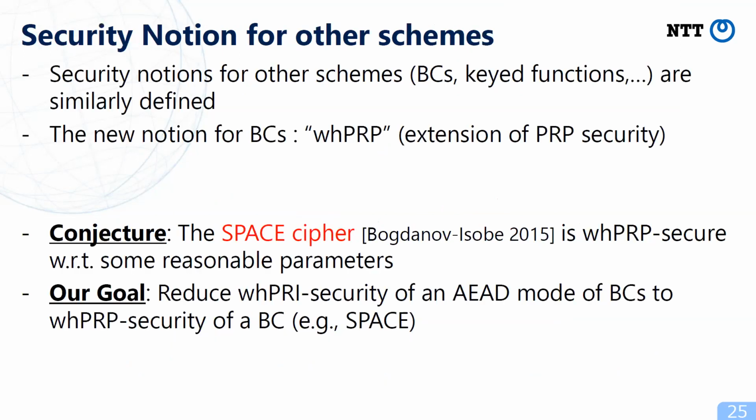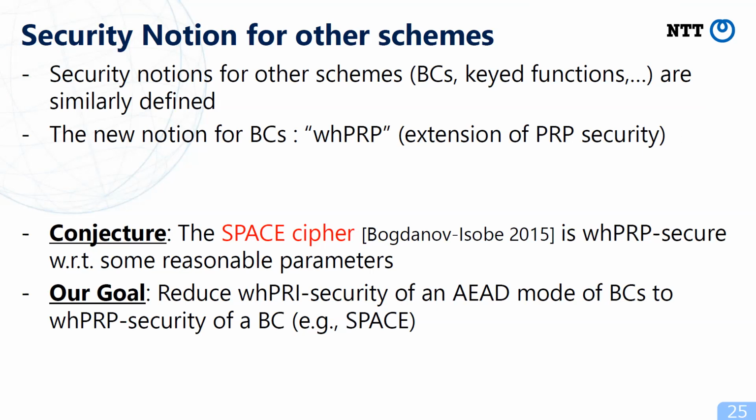And next, we also similarly defined new security notions for block ciphers and PRF and so on. In particular, we named the new notion for block cipher as WHPRP. And this is an extension of the black box PRP security. And we conjecture that the SPACE cipher, block cipher by Bogdanov and Isobe, is WHPRP secure with respect to some reasonable security parameters.